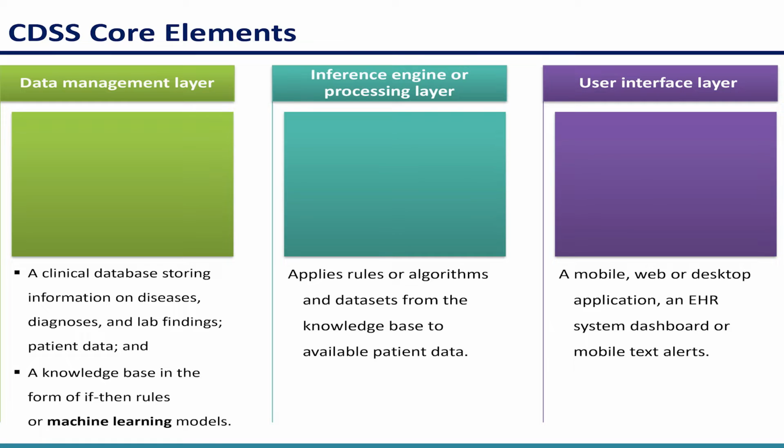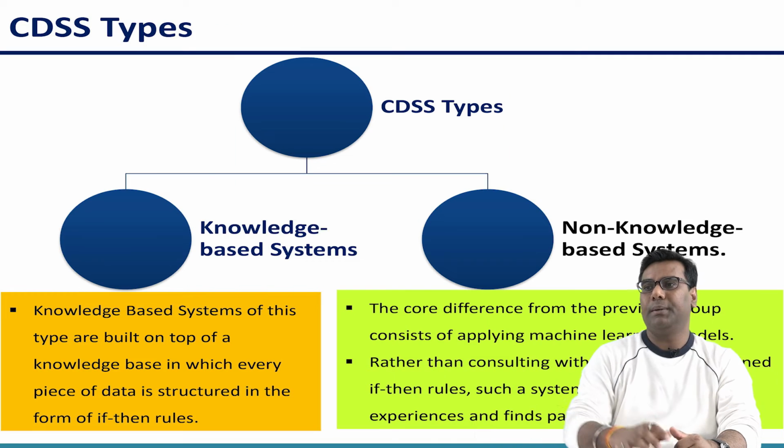And the user interface is the mobile, web, or desktop application, the EHR system dashboard, or mobile text alert, where users get the support information. So these are the three CDSS core elements.